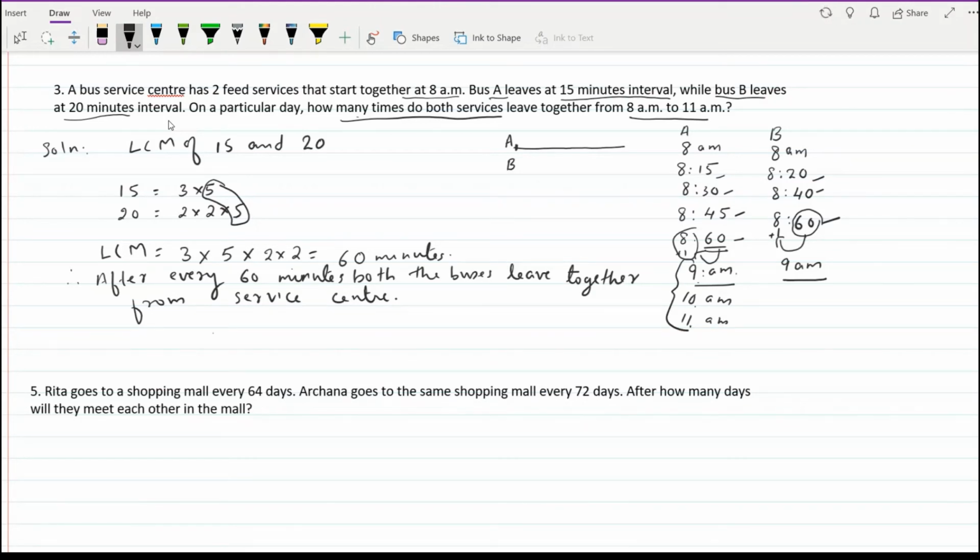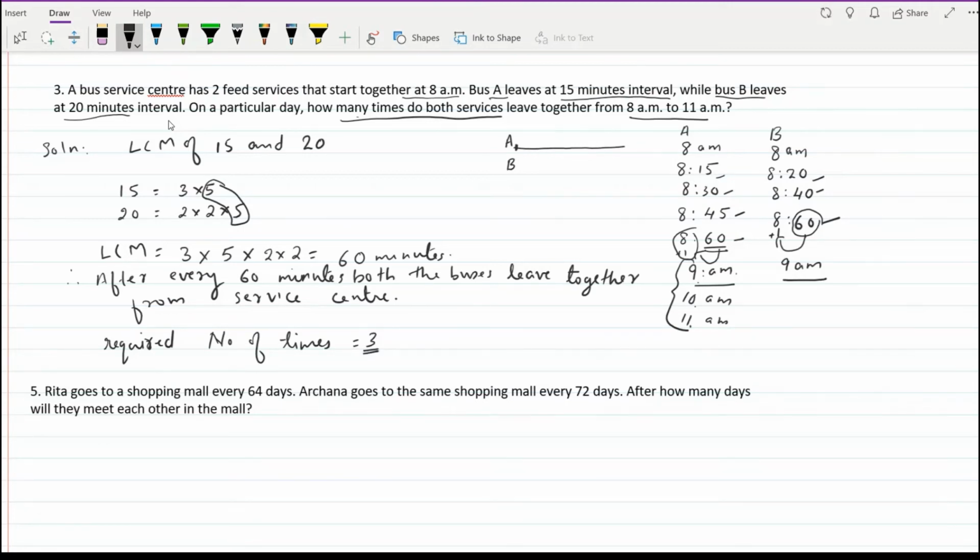So the required number of times is equal to 3. This is the answer.